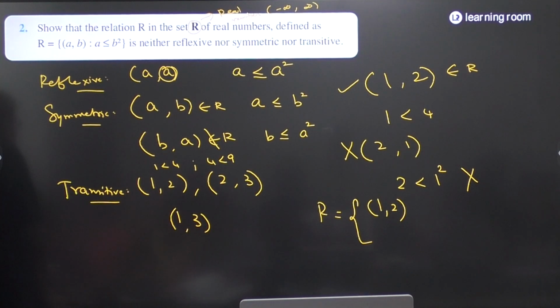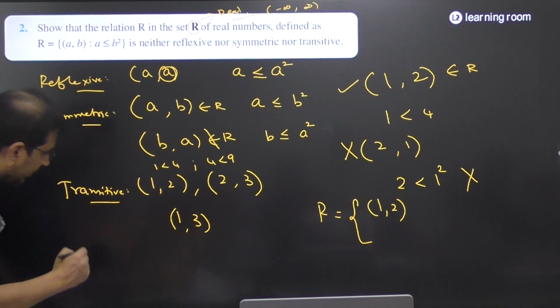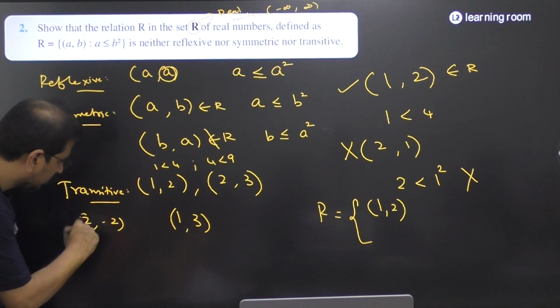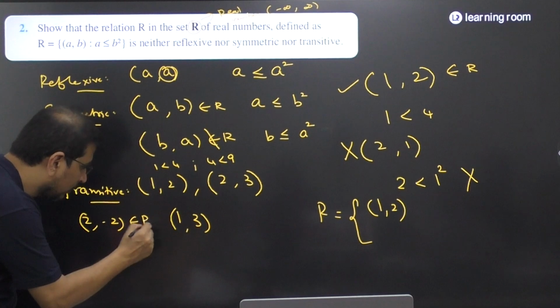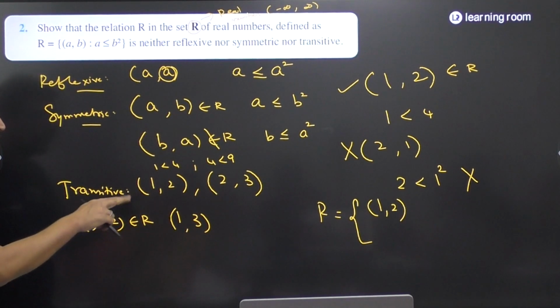What did you do? Real number, okay, you can take it. You took 2, minus 2. Okay. So you are saying 2 is less than 4.